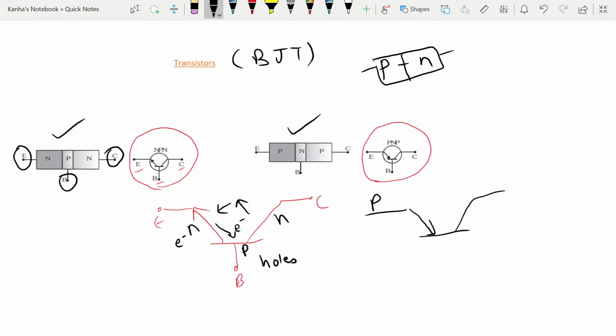Why? Because now P is on the emitter side and base is N type. So because P has more holes in it, it pumps in all the holes. So the direction of holes is basically the direction of the current. Okay, this you should keep in mind when you try to attempt any question.